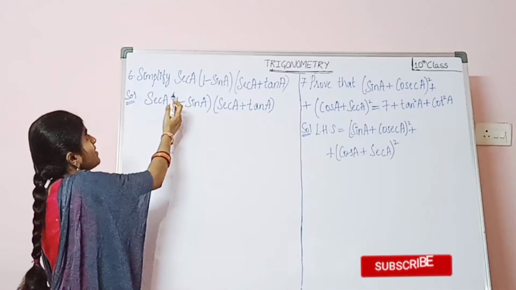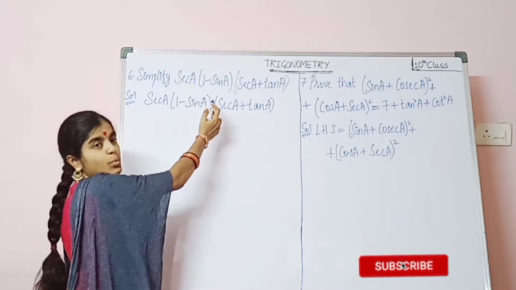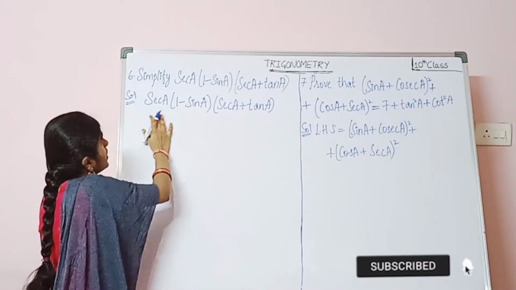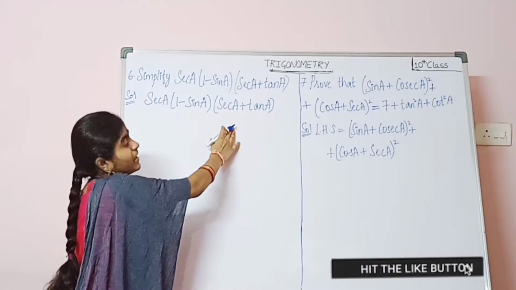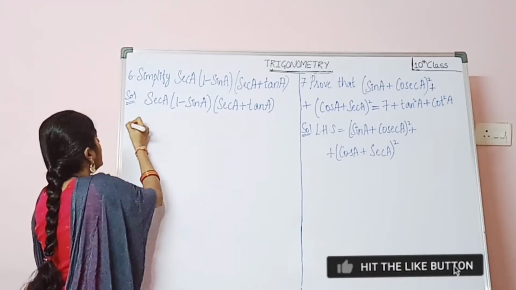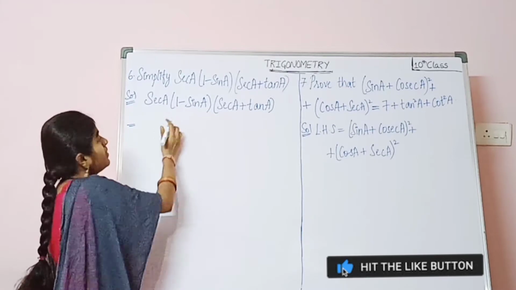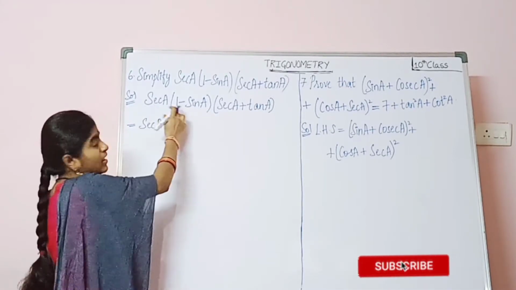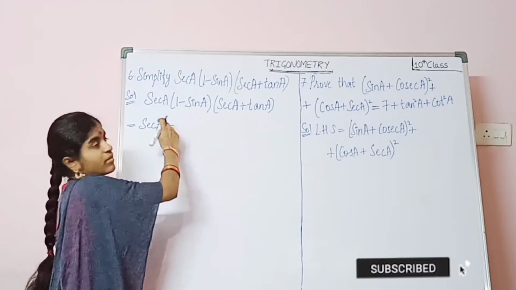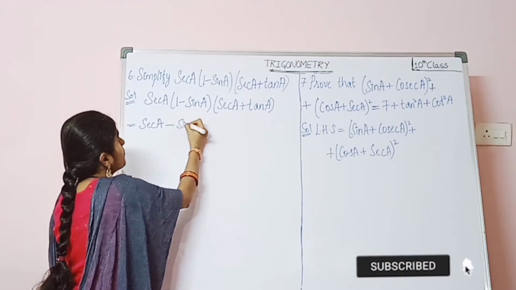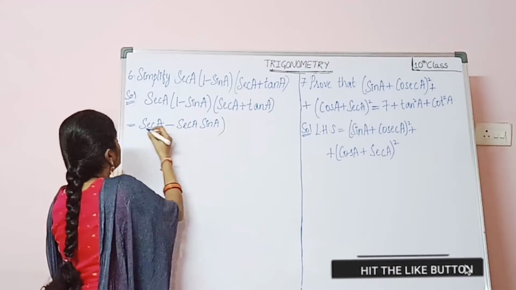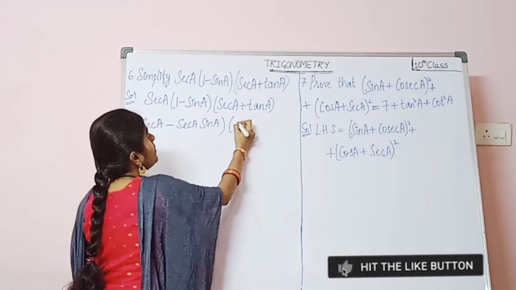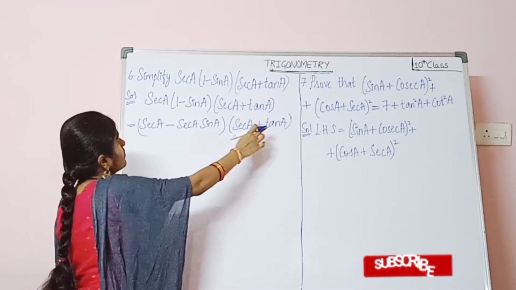What is given here? Simplify secant A into (1 minus sin A) into (secant A plus tan A). So, here secant A into (1 minus sin A) into (secant A plus tan A). That equals secant A minus secant A into sin A, into (secant A plus tan A).